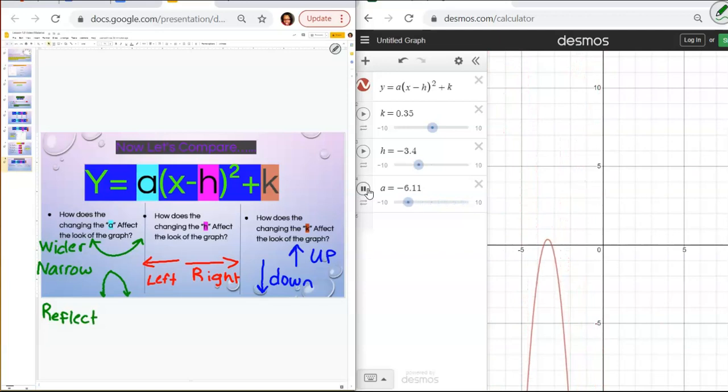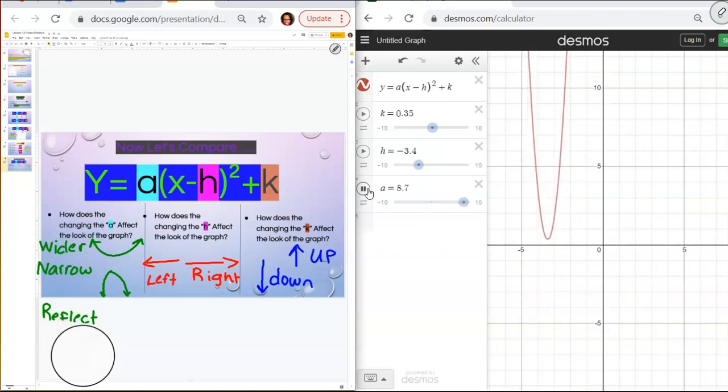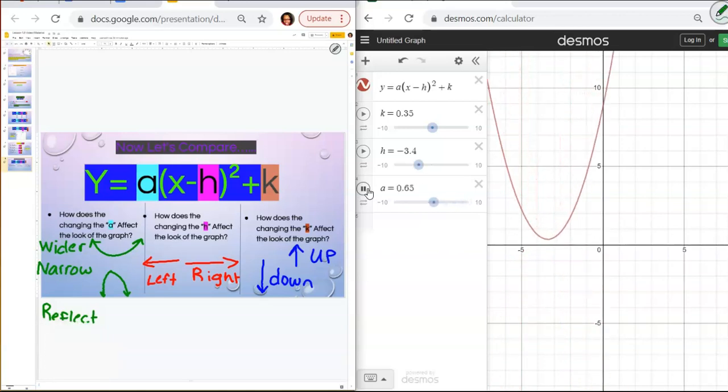The reason we say it reflects is because it's either going to face down like this, or you'll notice at different times where it's faced up like this. So it just looks like a reflection of itself.